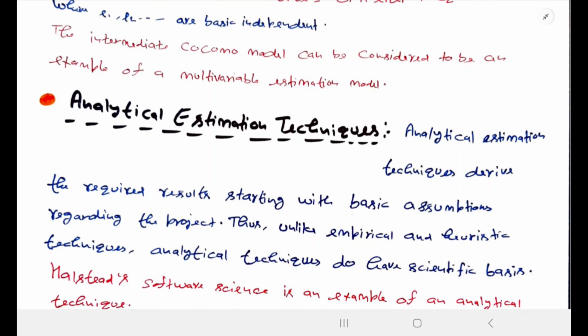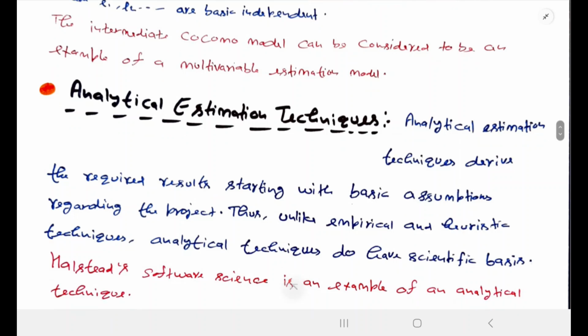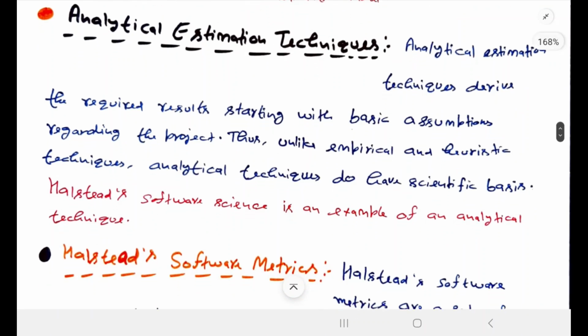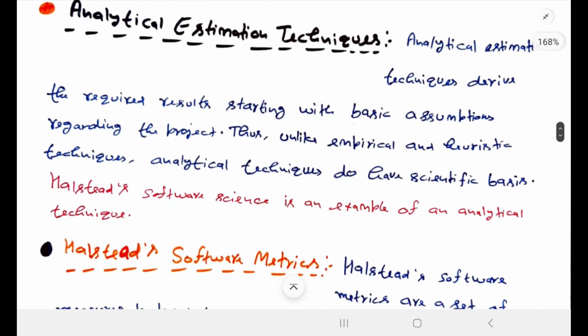Now we have another estimation model, that is the analytical estimation technique. Analytical estimation techniques derive the required result starting with basic assumptions regarding the project. Thus, unlike empirical and heuristic techniques, analytical techniques do have a scientific basis.